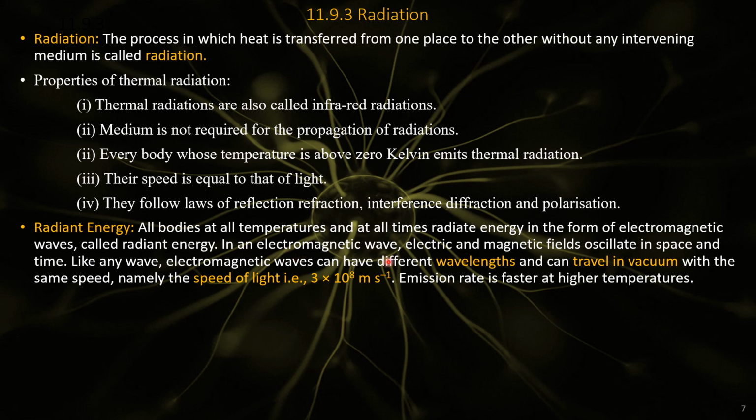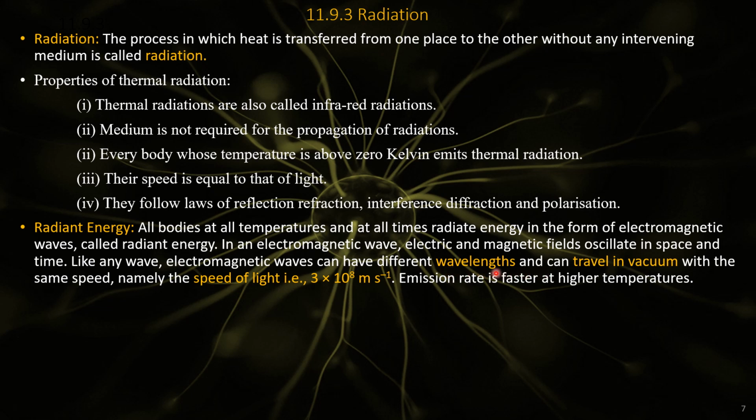In an electromagnetic wave, electric and magnetic fields oscillate in space and time like any wave. Electromagnetic waves can have different wavelengths and can travel in vacuum with the same speed, namely the speed of light. So, radiation can take place even in vacuum.